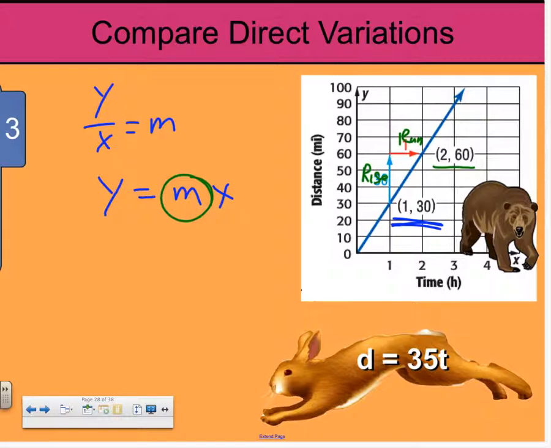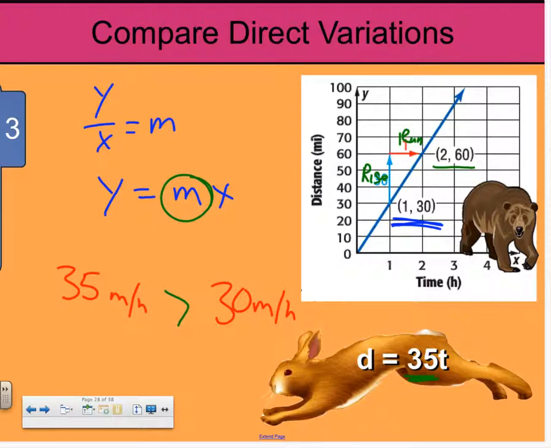So in this case, when I look at the equation of the rabbit, the 35 is the coefficient. That means it is our slope or our unit rate. So the rabbit can run 35 miles per hour. The grizzly bear can run 30 miles per hour. So it looks like the rabbit is in luck because it can run faster than the bear.